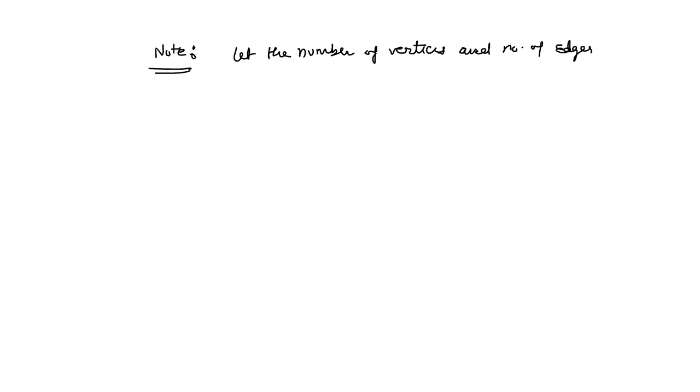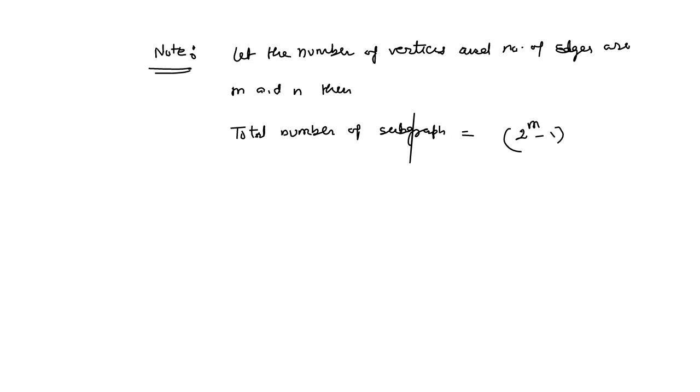Now we have important points. Note. If the number of vertices and the number of edges are m and n, then the total number of subgraphs which can be made is 2 raised to the power m minus 1, into 2 raised to the power n.